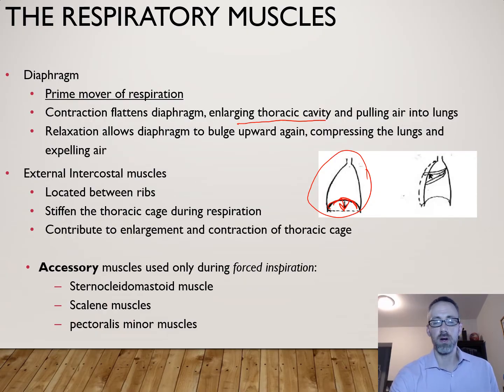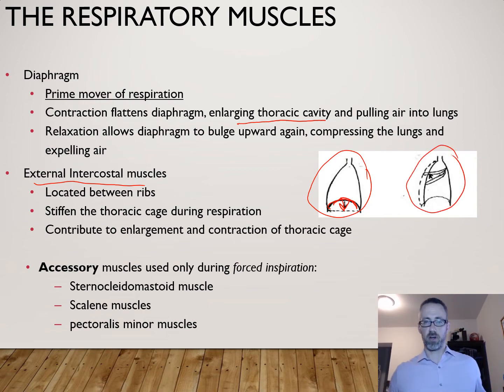Now we do have other muscles that will help with inspiration. For example, the external intercostal muscles. You can see that in the cartoon over here. Our ribs are hinged to our vertebrae. They hang down a little bit, and when you breathe in, it hinges them upward like a bucket handle.